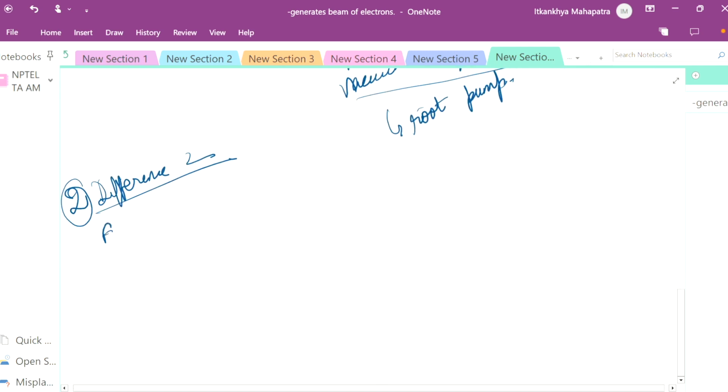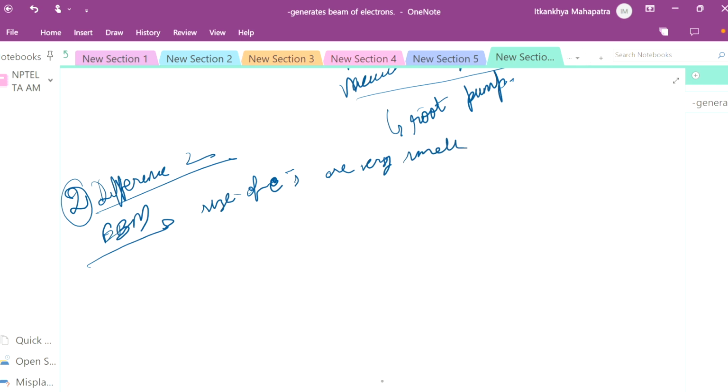Okay. Now in electron beam, the size of electrons is very small.